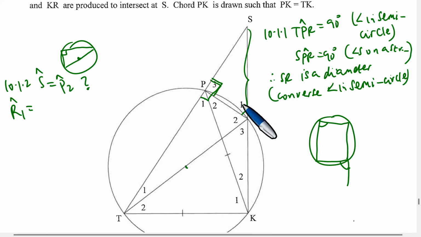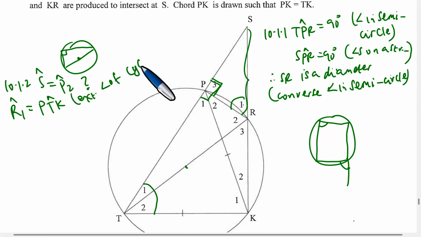So we have R1 is equal to this angle there. So you have that angle R1 is equal to PTK. The reason: the exterior angle of a cyclic quad equals the interior opposite angle.